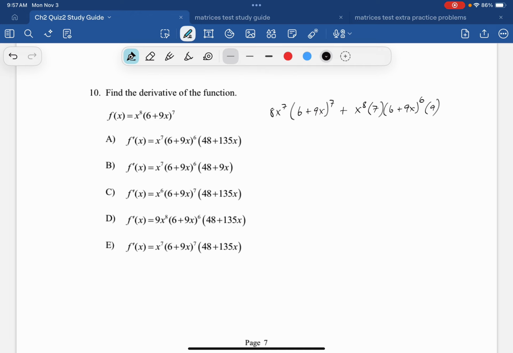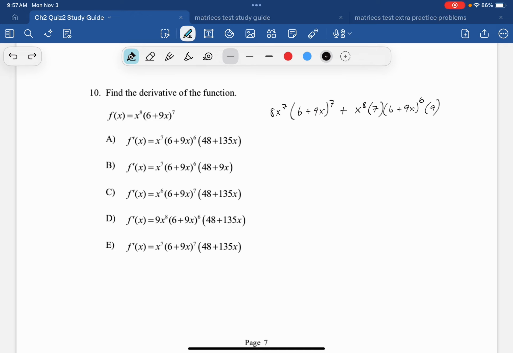So it looks like my answers all have factored this 6 plus 9x out from both terms. And so that means I'm going to have to factor out this x to the 7th and also this 6 plus 9x to the power of 6.